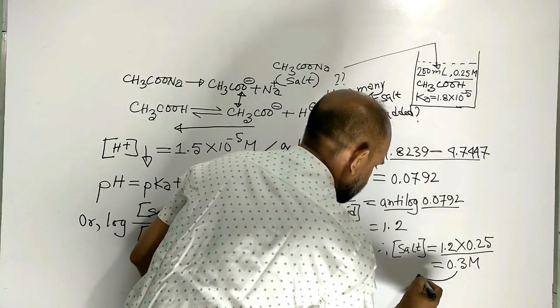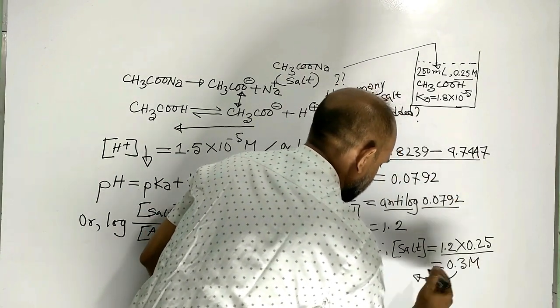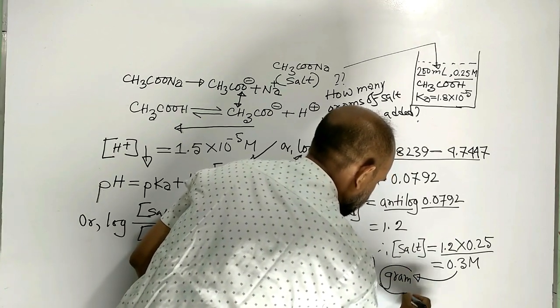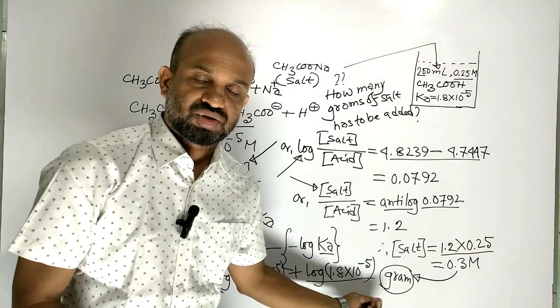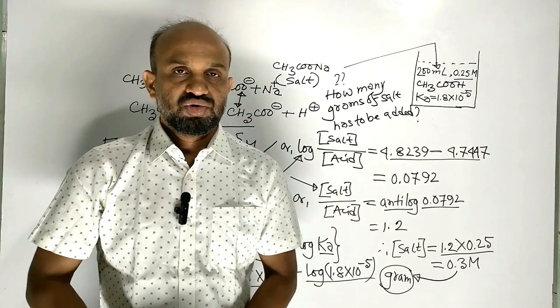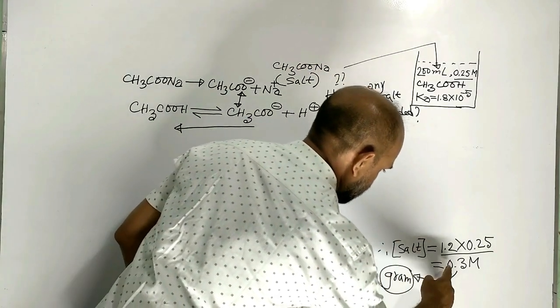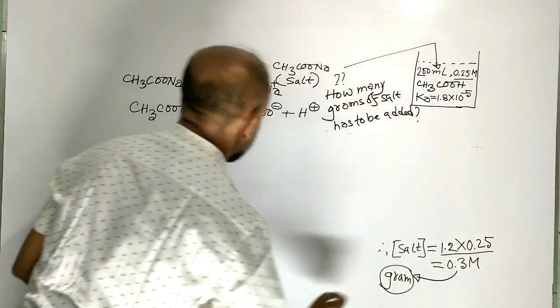Now this has to be converted to gram. Let us convert salt into gram. Concentration of salt is 0.3 molar.